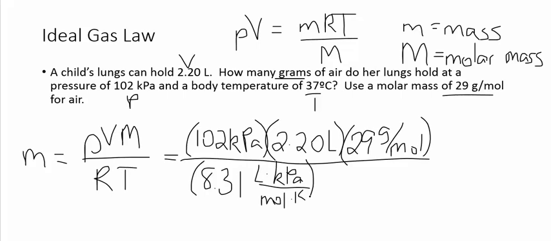And temperature is 37 degrees Celsius, which would be 310 Kelvin. If I have this equation rearranged correctly, I should end up with grams. So everything else should cancel.